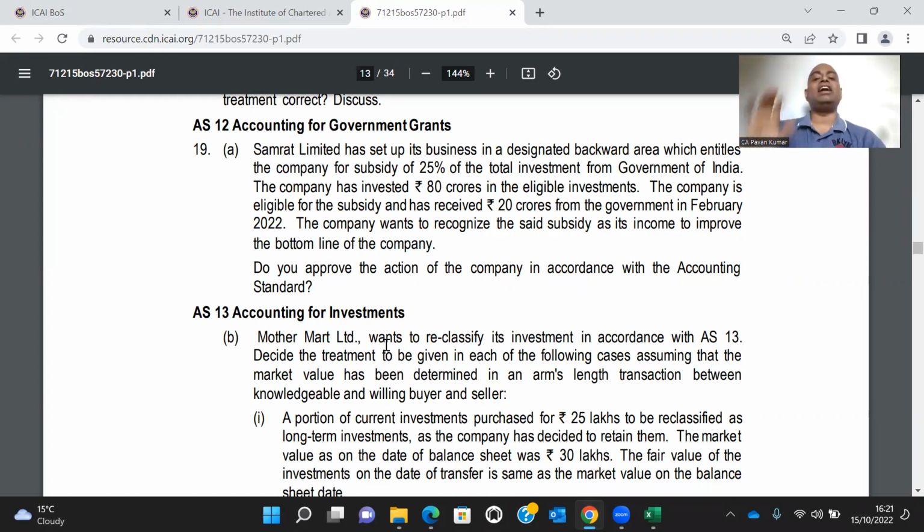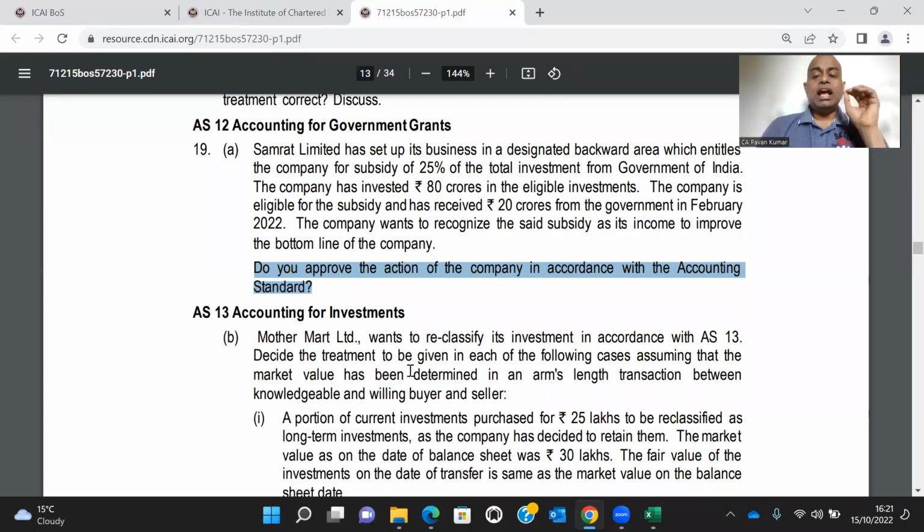Always the auditor's version will be right. Why? The auditor is a member of ICAI, no? Who is giving the question paper? ICAI. So how will ICAI give a question paper where an ICAI member is doing wrong and the company director is doing right? Unlikely, no?